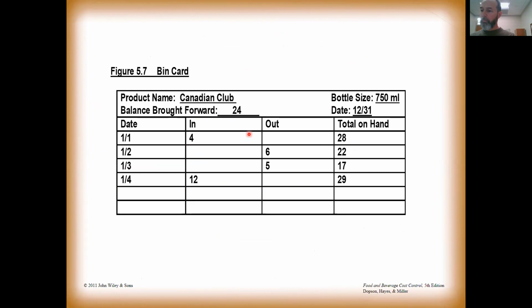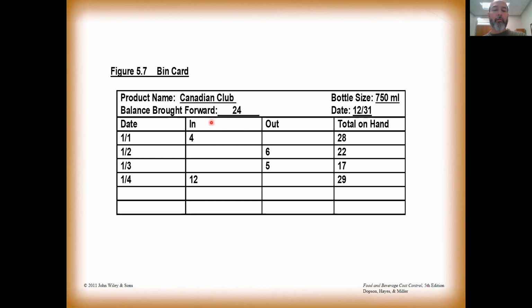Here's an example of a bin card. Again, very simple. Here we have a Canadian Club, and I just want to show you here, amount brought forward is 24. And much like we talked about before, when we have additions to or products coming into inventory, we're going to add that amount.